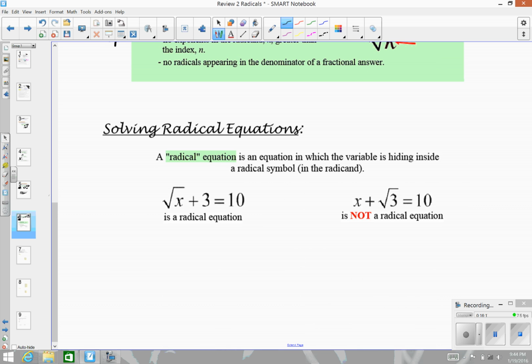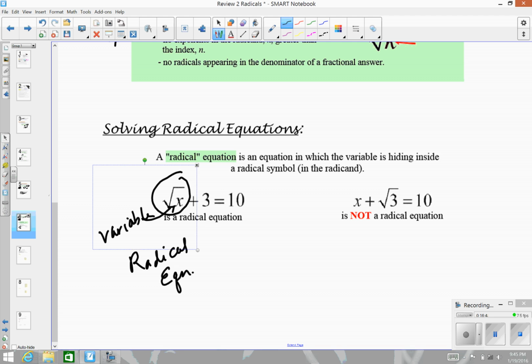Now, solving equations requires a few steps, including checking our answers, but let's first make sure that we know what an equation looks like. If it's a radical equation, it means that I have a radical with a variable under my radical sign, or a variable as a radicand. So this first equation here with my radical x qualifies as a radical equation.